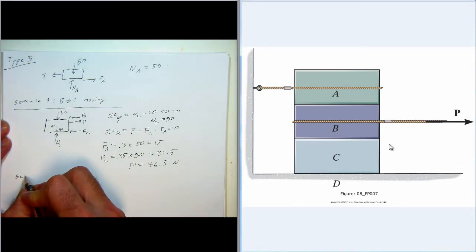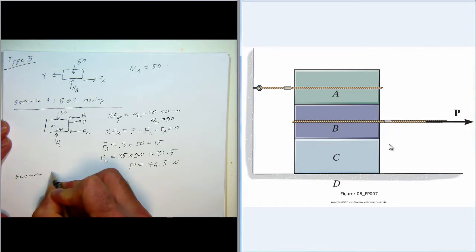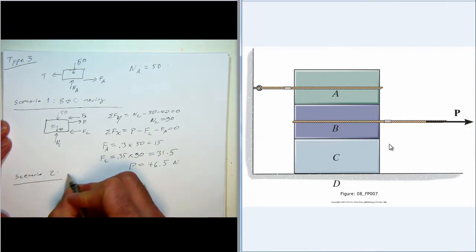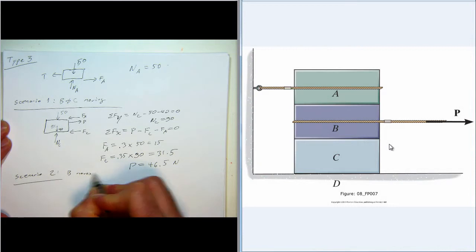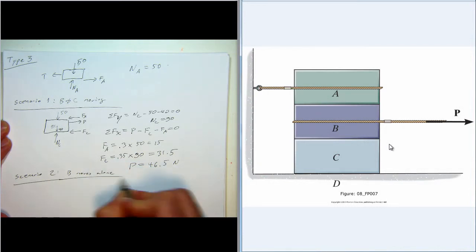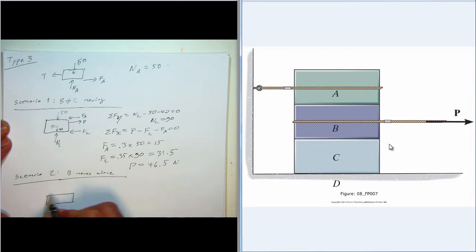Scenario 2. So in this case, B moves alone. So here's our free body diagram of B. And it has a weight of 25 newtons. And we have this normal force, call it NB, and the friction force, FB, P, and FA.